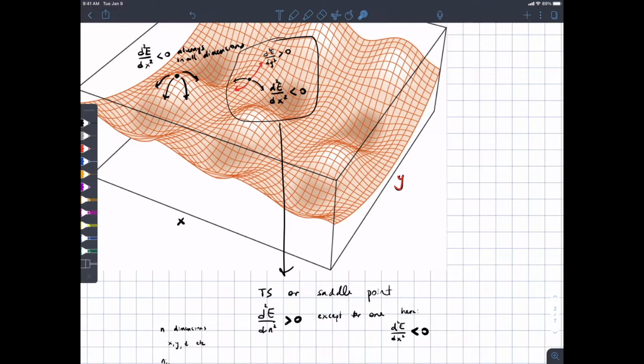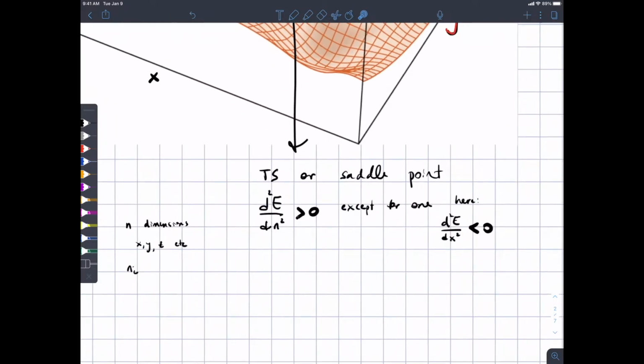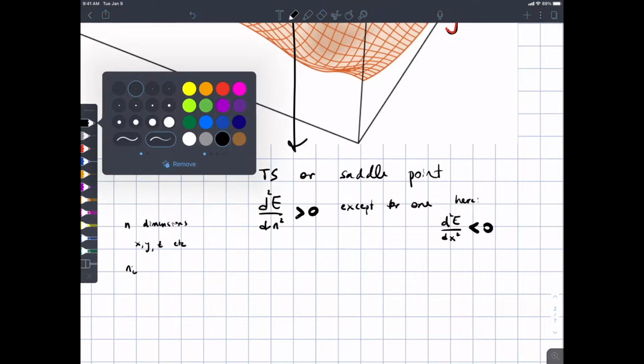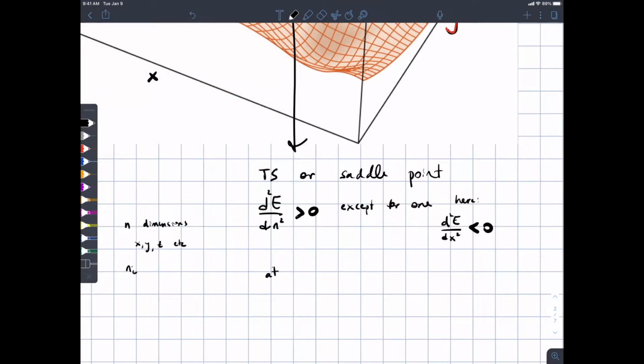Another way of saying that, and I can show it to you mathematically, but we don't necessarily need to, is that at the transition state, forces on a structure or the activated complex are all 0 except for in 1 particular dimension.